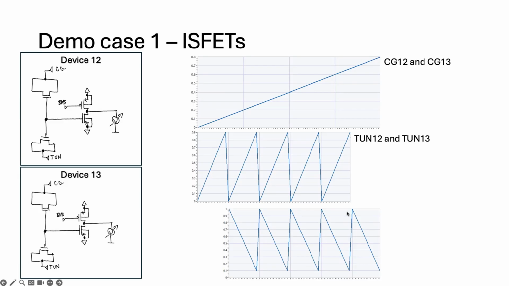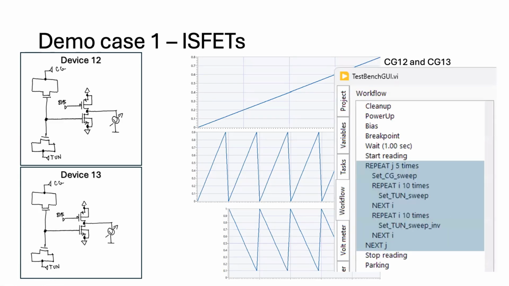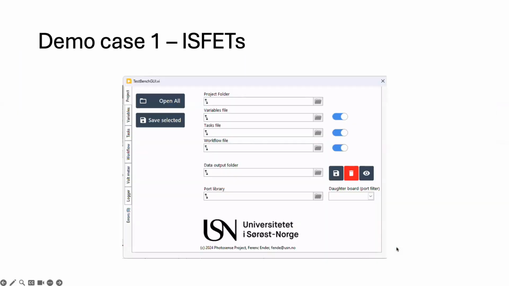This is done for each iteration. So in the workflow, this is how it is implemented. Then let's see some video so you can see how it works in action.